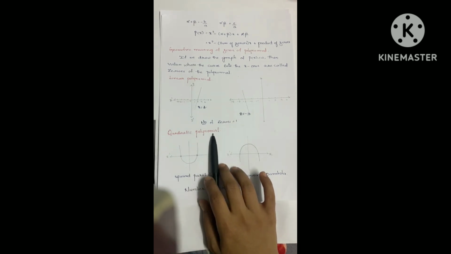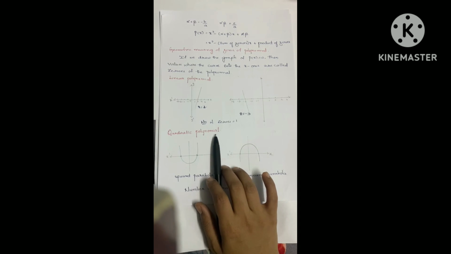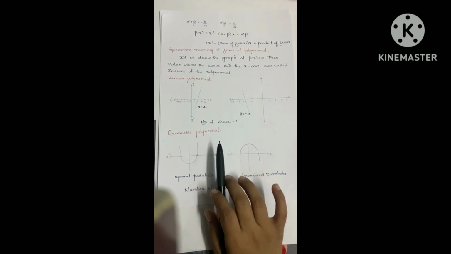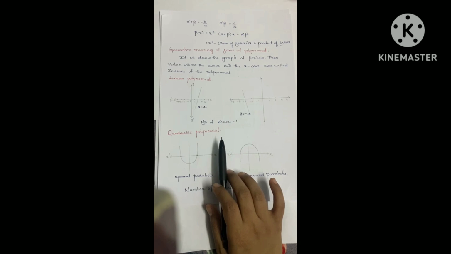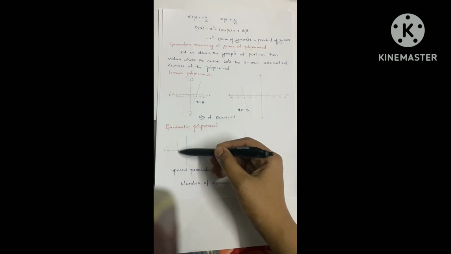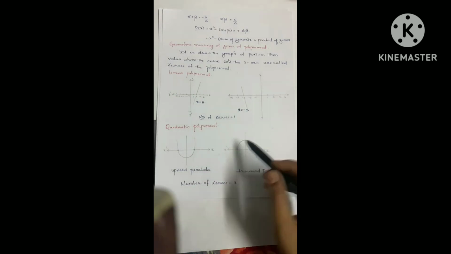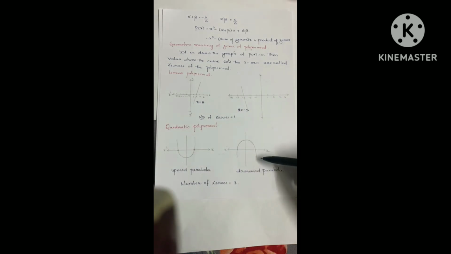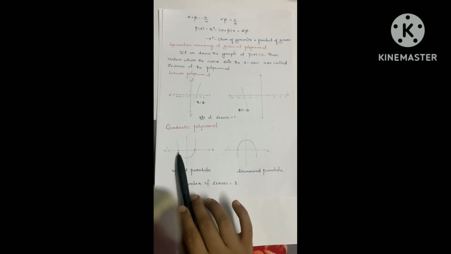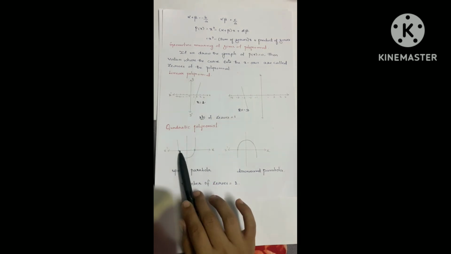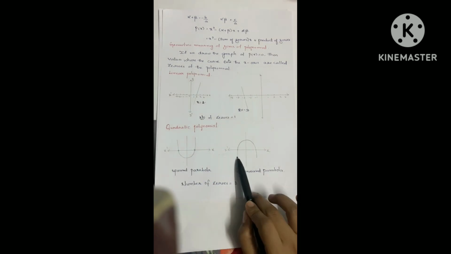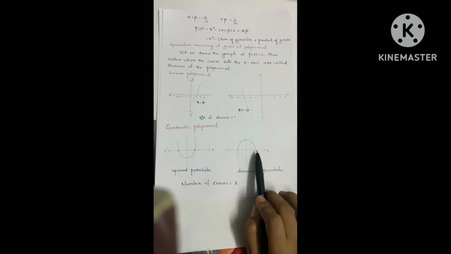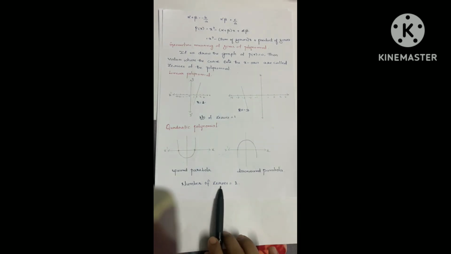Its standard form is ax square plus bx plus c. Here its degree is 2 and the number of zeros will be 2. This shape is called a parabola. This is an upward parabola and this is a downward parabola. The upward parabola cuts the x-axis at 2 points, and the downward parabola also cuts the x-axis at 2 points. Therefore the number of zeros is equal to 2.